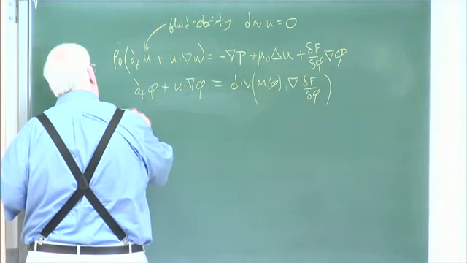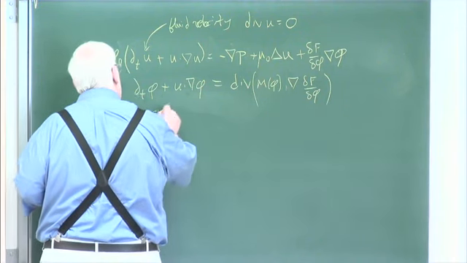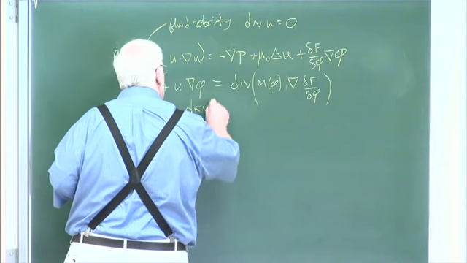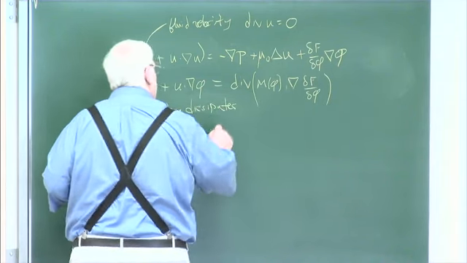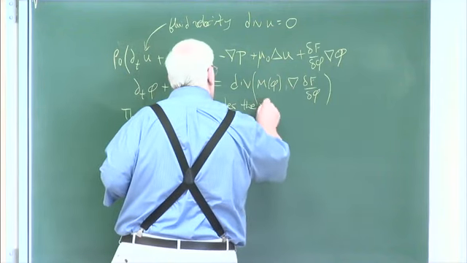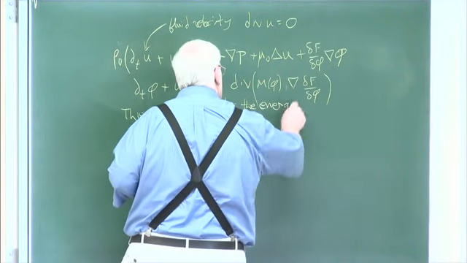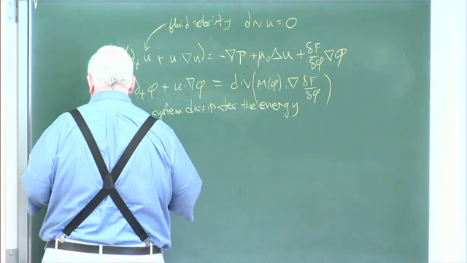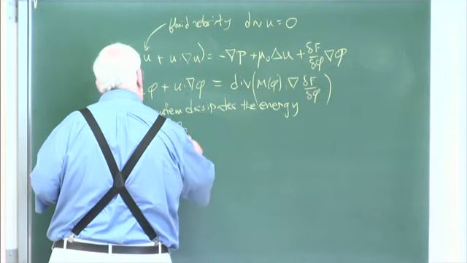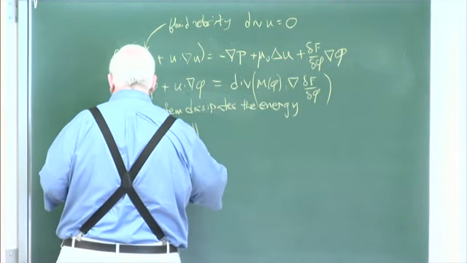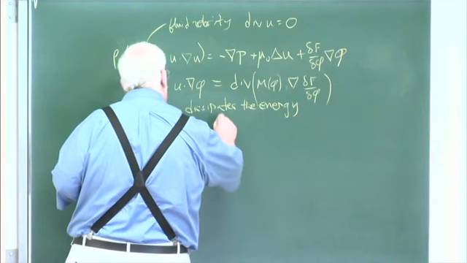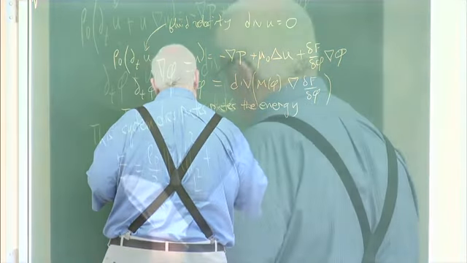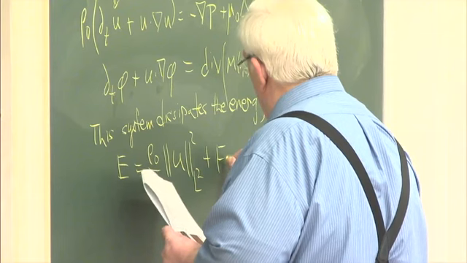Okay, so this system dissipates an energy E, which is rho 0 over 2 times the square of the L2 norm of u plus F of phi.